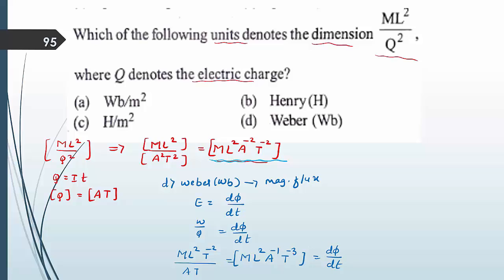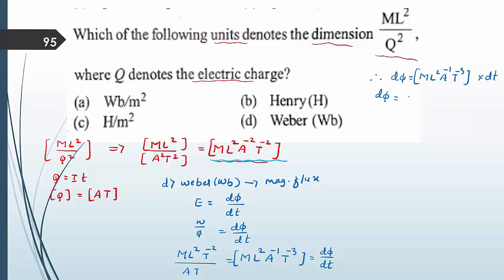Right? Yes, this is the dimension for change in magnetic flux with respect to time. So therefore, here I am going to write d pi is equal to M L square A raised to minus 1 t raised to minus 3 into dt. dt means time here.